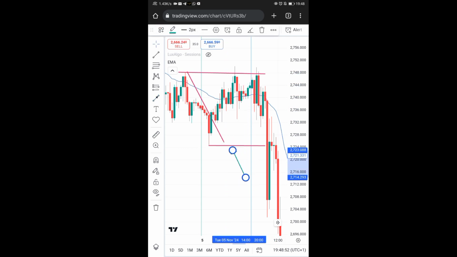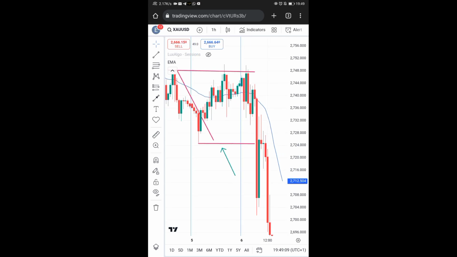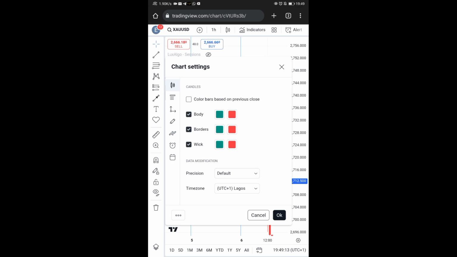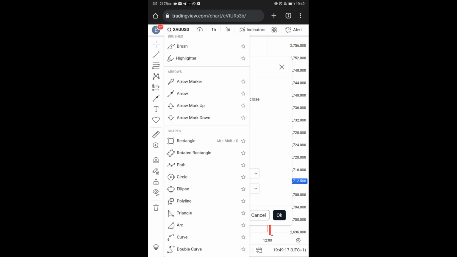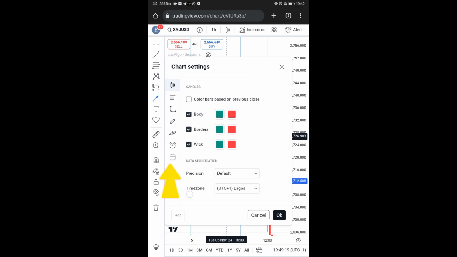So the only thing we have to do here is take a sell trade. This is when we have to use our sessions indicator, which is the one from Lux Algo. I've already added it to the chart. So for you to get this indicator, you click on your chart twice, click on your candle twice, then you come to this very box right here.